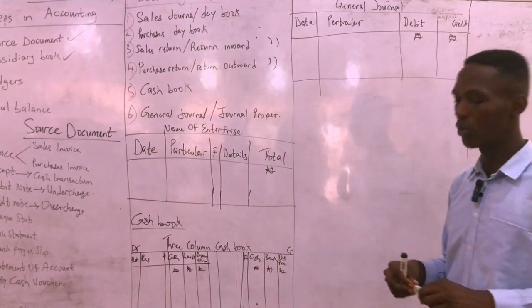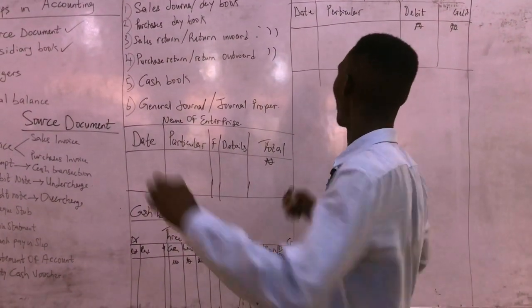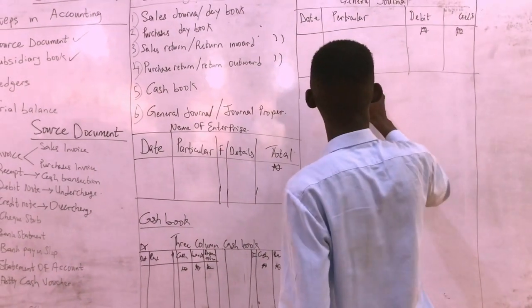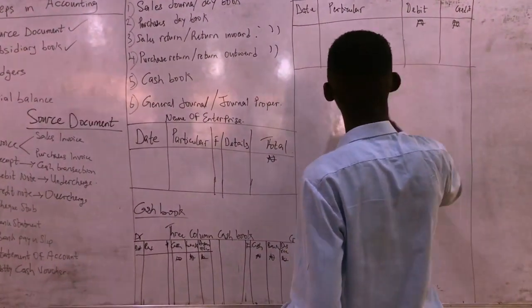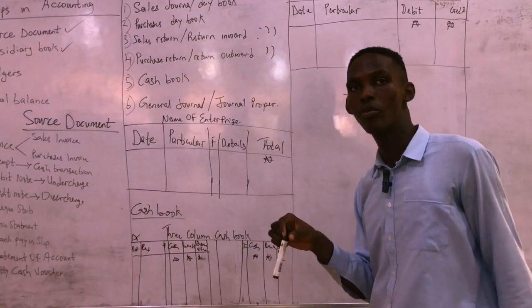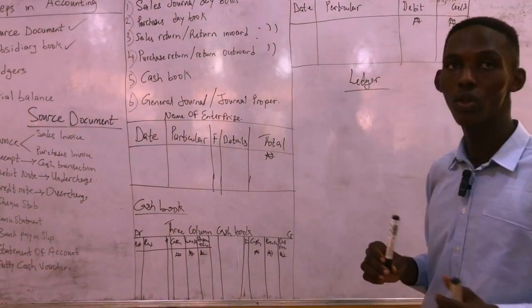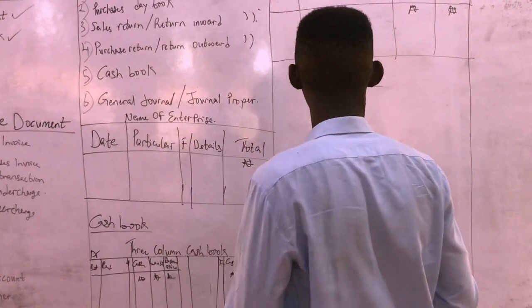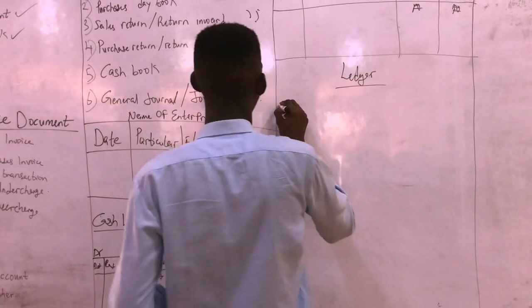According to our IAS, we have about four types of ledger. So what is ledger? Ledger is the principal book in which we record transactions from subsidiary book before posting it to our trial balance. Then we have about four.